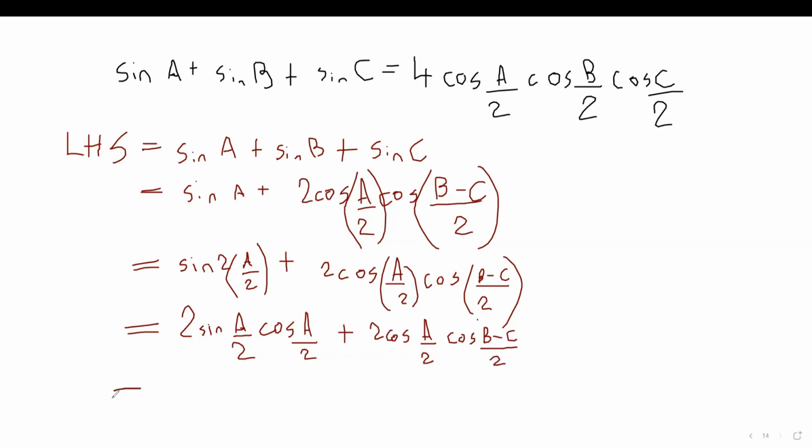Now the first thing I realize is that both terms have cos A over 2 in common. So I'm going to factor out 2 times the cos of A over 2.